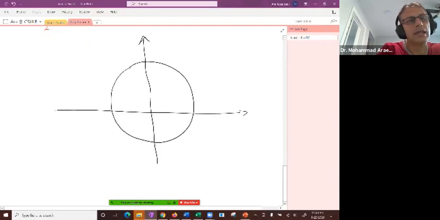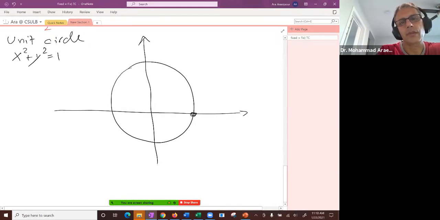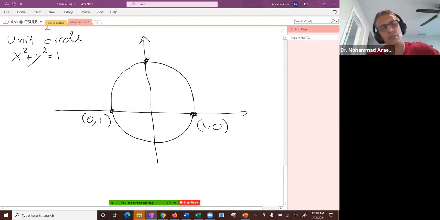Class, everybody remembers the unit circle, I hope. x squared plus y squared equals 1. The points 1, 0; 0, 1; and my apologies, negative 1, 0.